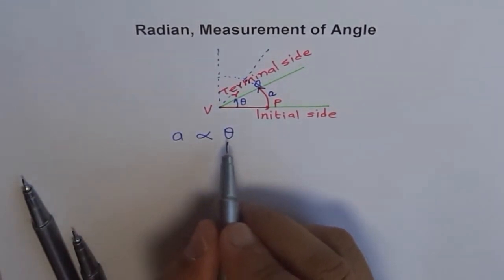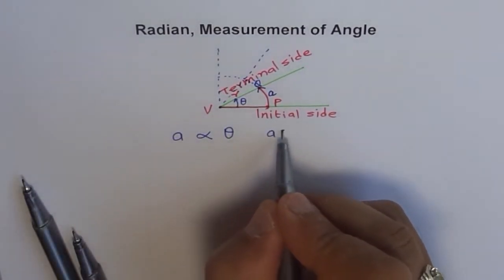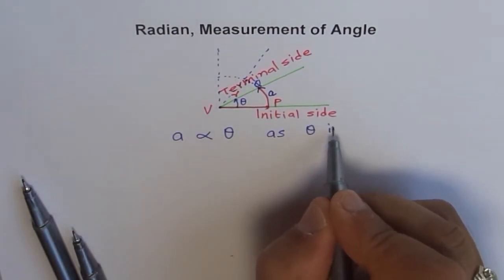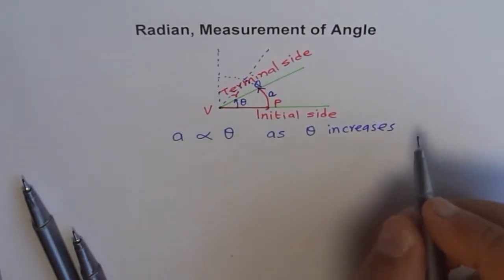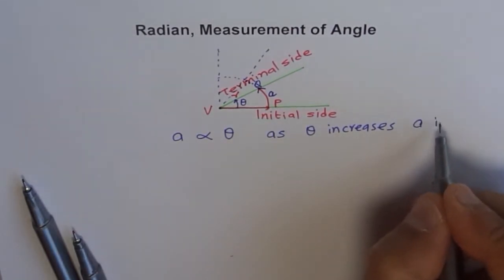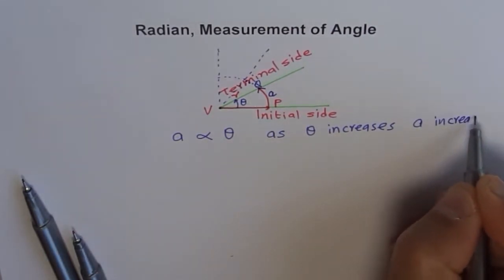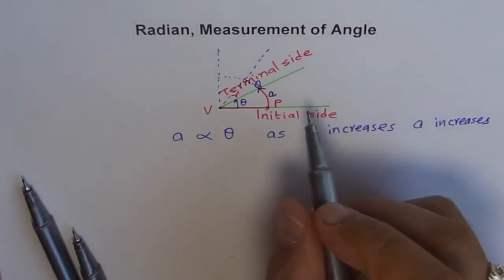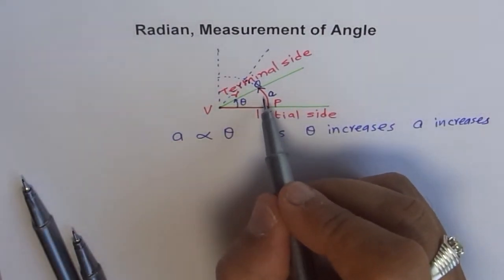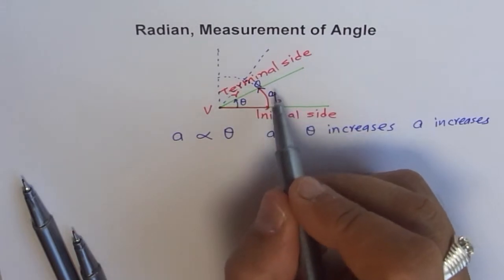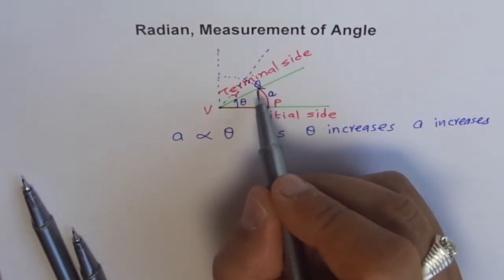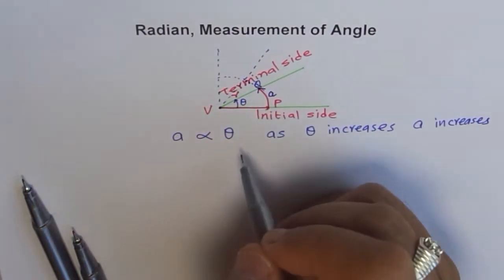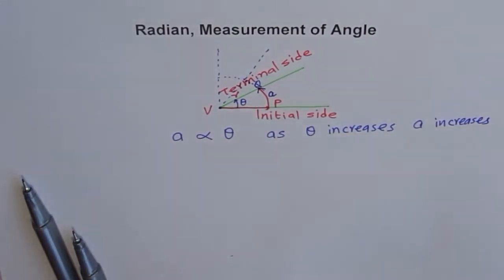What I'm trying to say here is, as theta increases, A increases, right? It works the other way also. If I decrease theta, if I bring the terminal arm closer to the initial arm, in that case the arc length will decrease. So it's both ways. So that's one thing which we observe here.